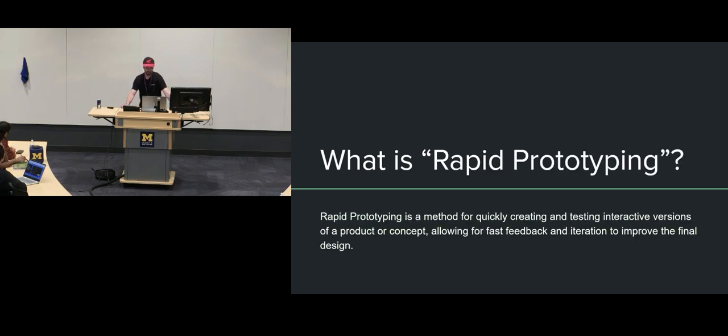And what is rapid prototyping? Well, rapid prototyping is a methodology for quickly creating and testing interactive versions of a product or concept, and it allows for fast feedback, fast iteration, and overall improving the design and the form and function of whatever it is that you're building.